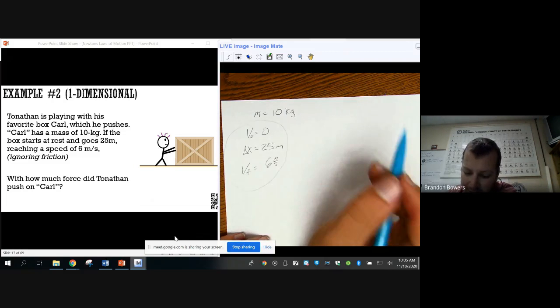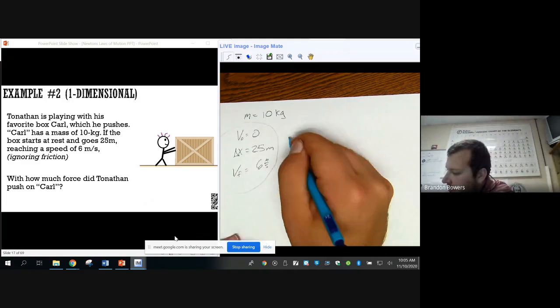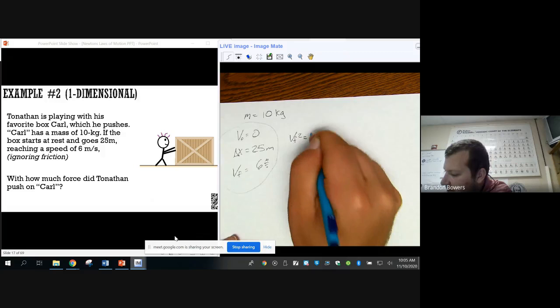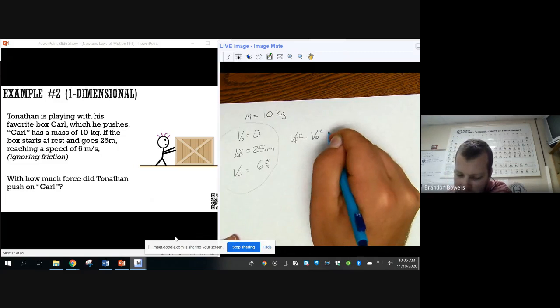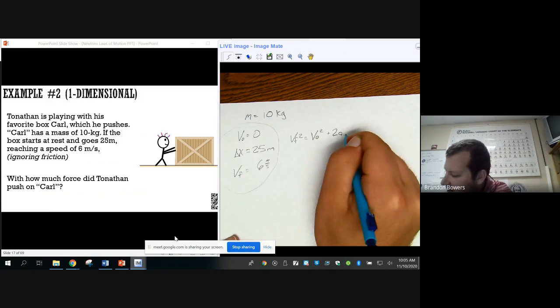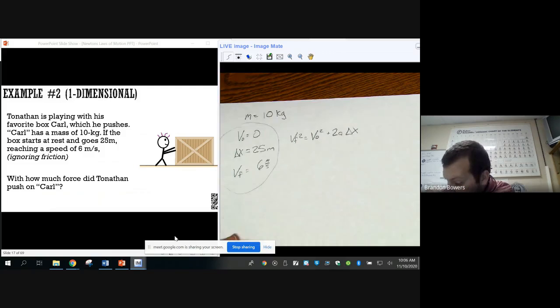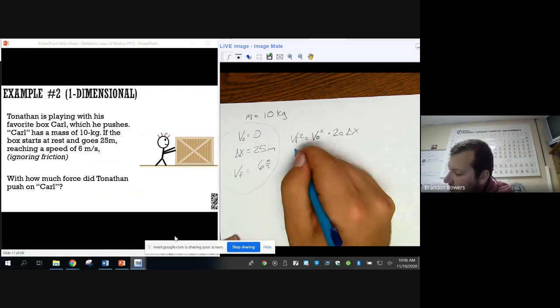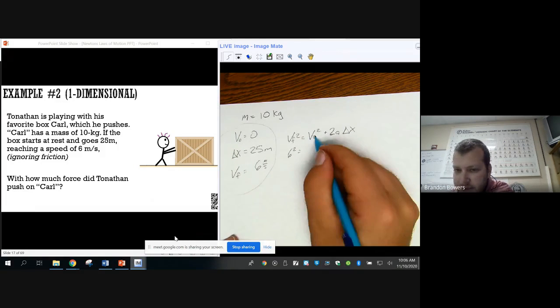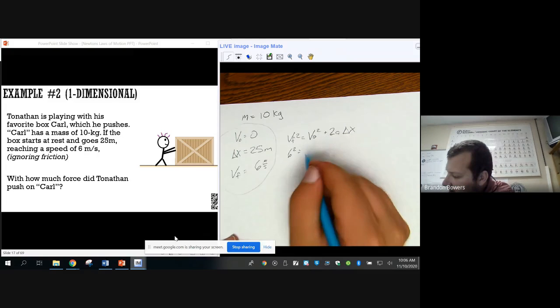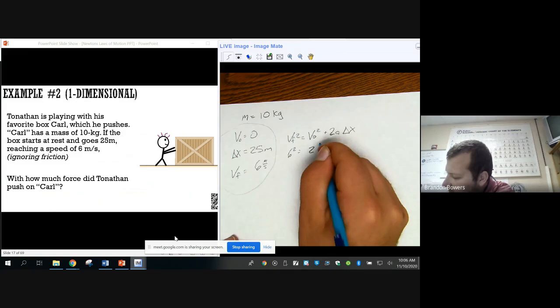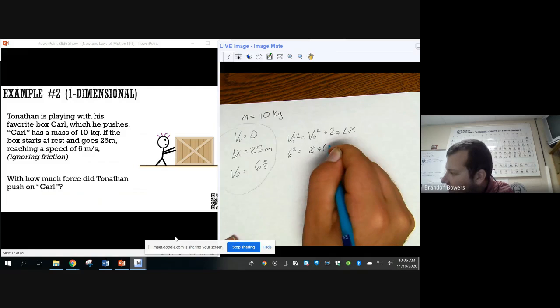Can we use this information to help solve for acceleration? We can. Velocity final squared is equal to initial velocity squared plus 2a delta x. If we plug in our numbers, we have 6 squared equals 0 squared plus 2a times delta x, which is 25.